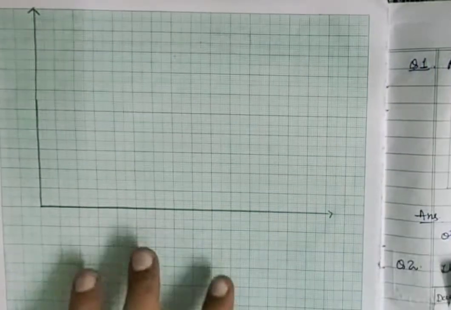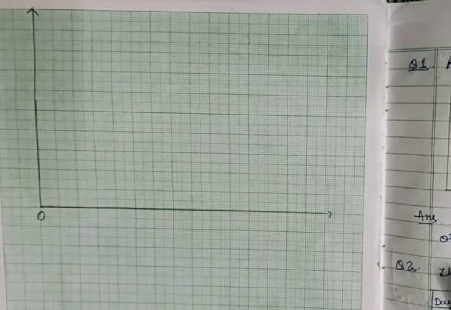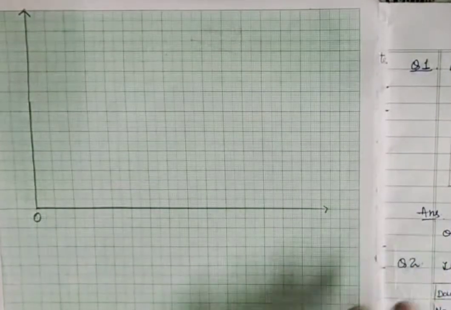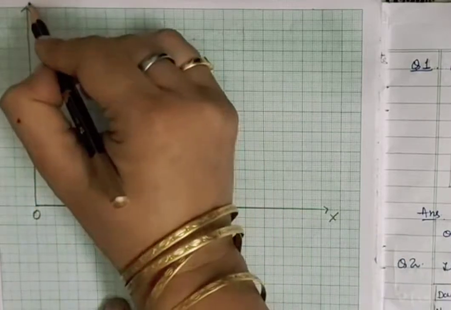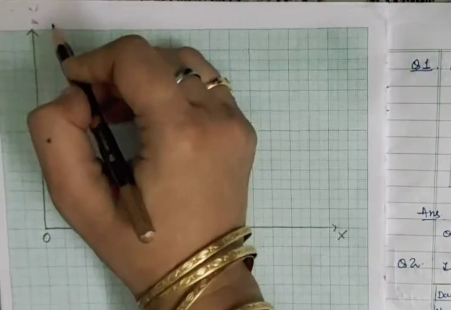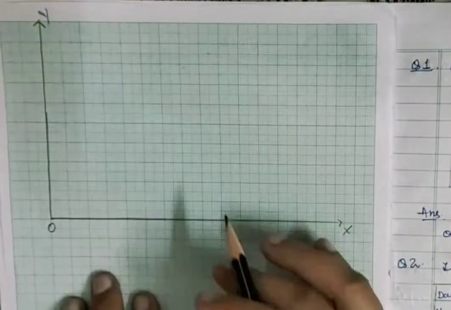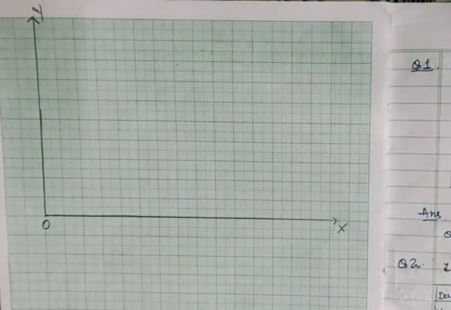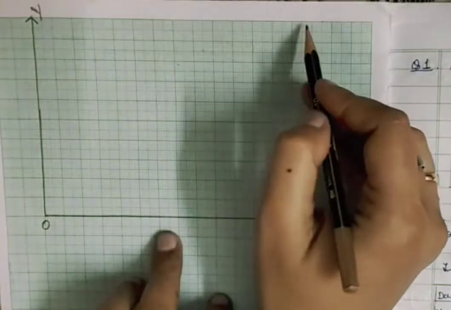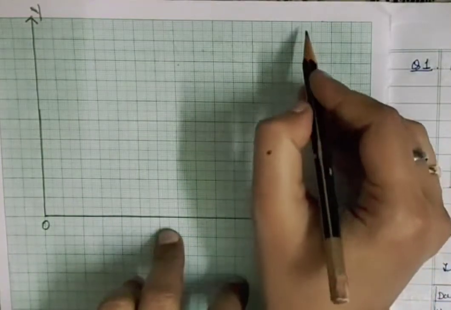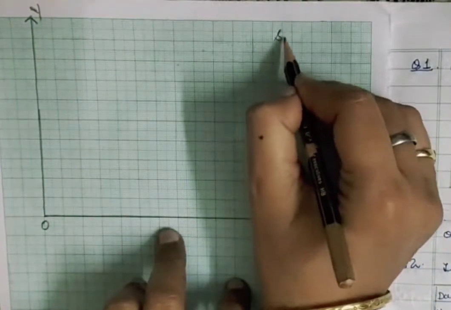Now the first thing is to name the axes. This x axis I am representing as OX, and this is OY. So I am writing Y here. Now the next thing is to write the scale. On this top corner we write the scale.